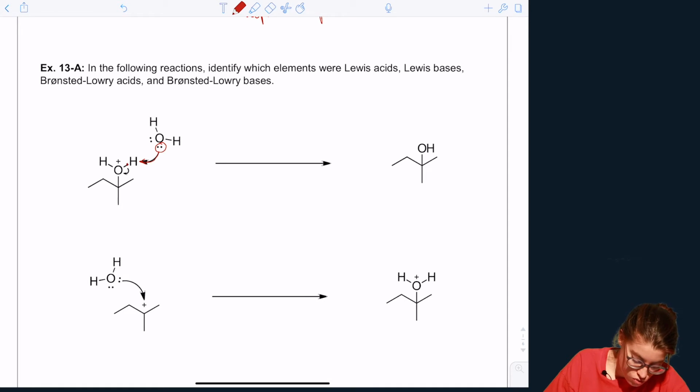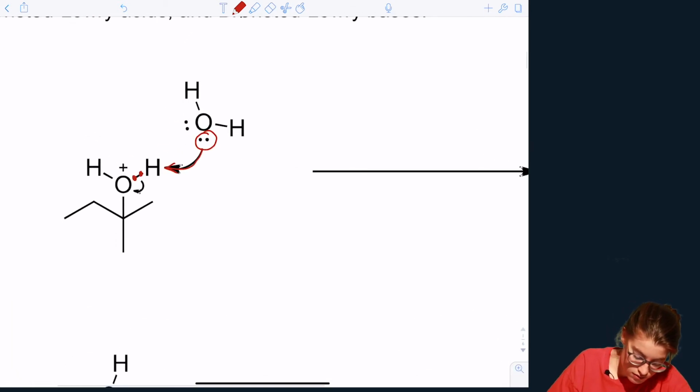And the 2 electrons in this bond, one of these electrons belongs to oxygen, that's this one, and the other one, this one, belongs to hydrogen. But remember, we're going to grab just the proton. We're not going to take the electron. So both of these electrons, oxygen's electron and hydrogen's electron, are going to go on to the oxygen atom.